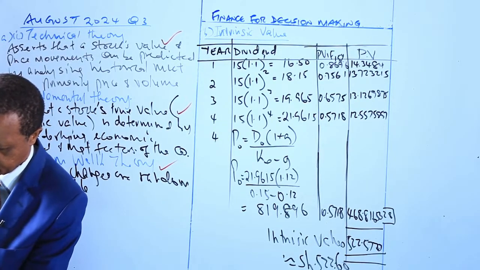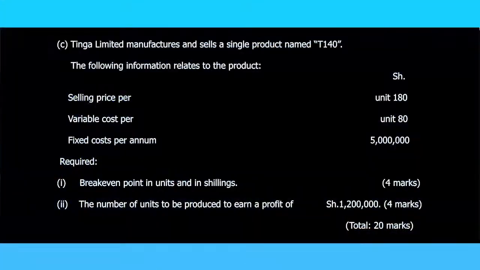Part C of the question reads, Tinga Limited manufactures and sells a single product named T140. The following information relates to the product. Selling price per unit is 180. Variable cost per unit is 80 shillings. Fixed cost per annum 5 million. Required: one, break-even point in shillings and in units.